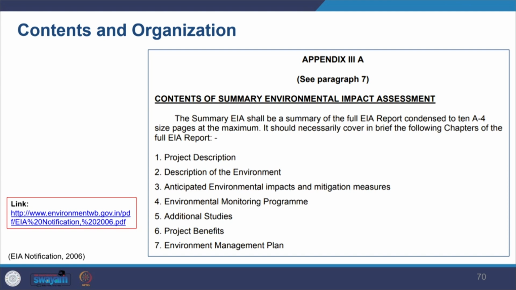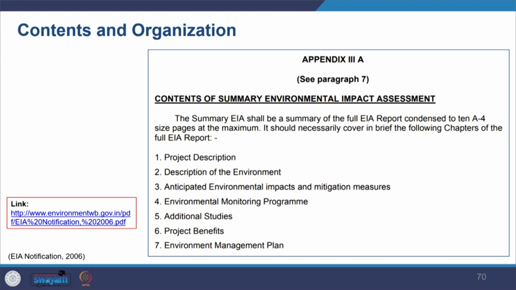Looking at the contents and organization, the EIA report should be very comprehensive and clear and should align with the legislation. Whatever the law of that context says, you should abide by that. In India, the EIA report would cover the introduction, where it would indicate the purpose of the report and all the projects.